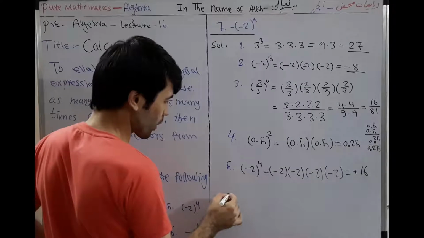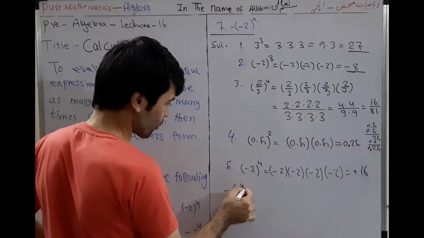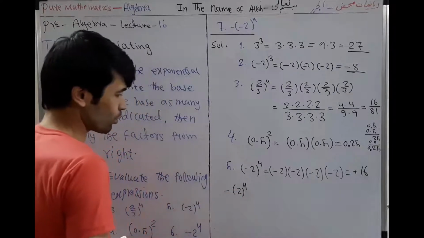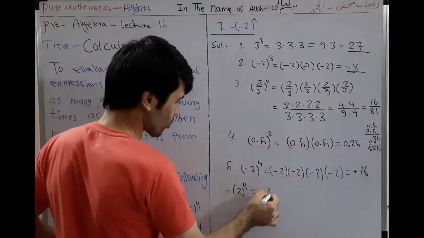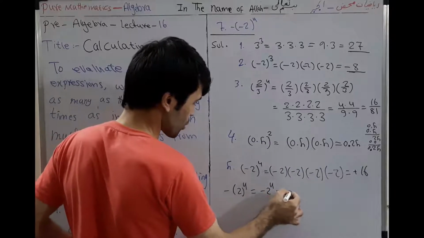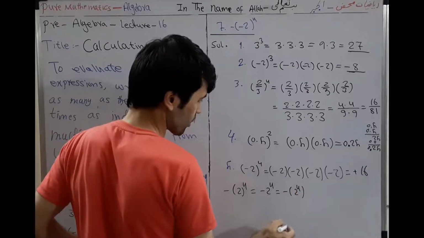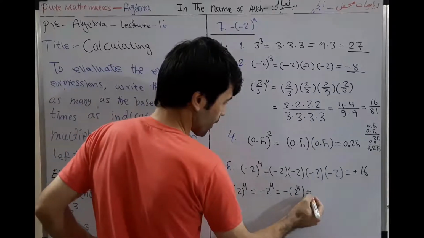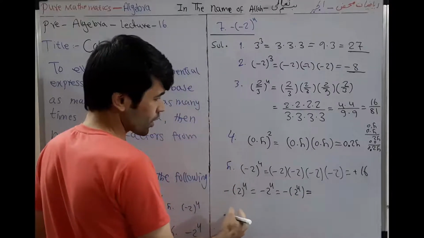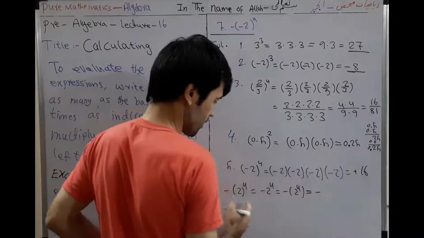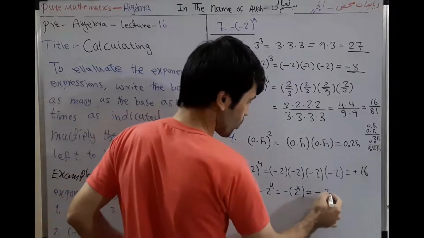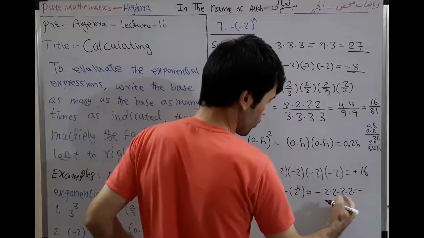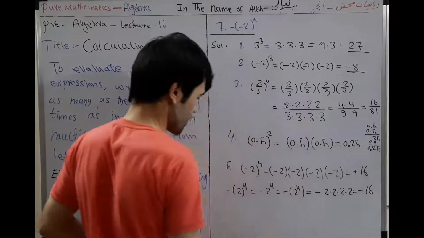Sometimes we can write it like this, minus 2 to the power 4, without brackets, and in every situation we can write minus 2 multiplied by 2 multiplied by 2 multiplied by 2, 4 times, which is equal to minus 16.